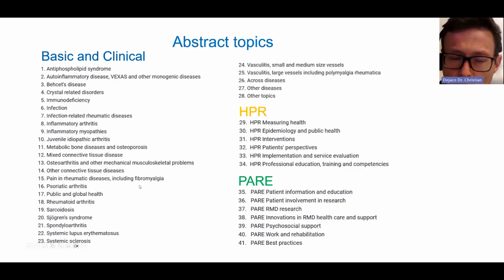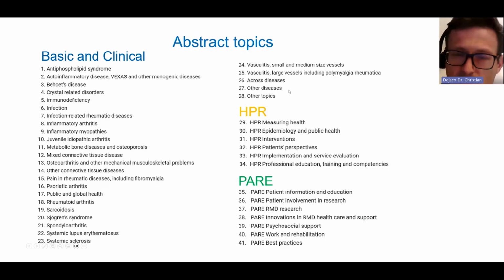I don't go through all this now, and this is also not meant to be read now. It's simply to illustrate that once you have selected the track, you need to select a topic which corresponds, at least for the basic and the clinical, mainly to the different disease categories in rheumatology that we have.